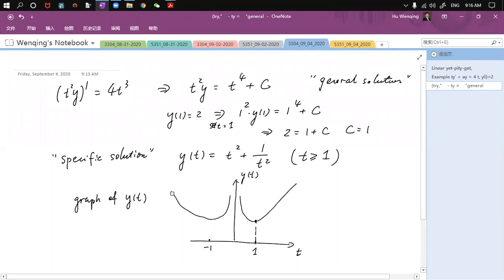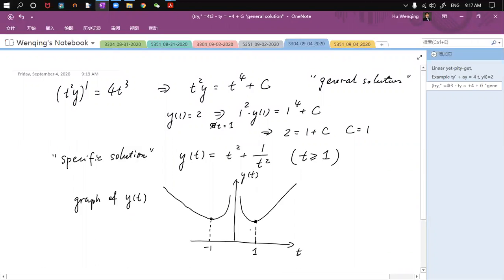So at t equal to minus 1, the picture has to be something like this. That's kind of a typical situation for this graph of y of t.